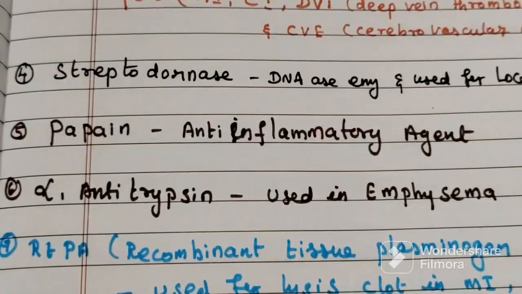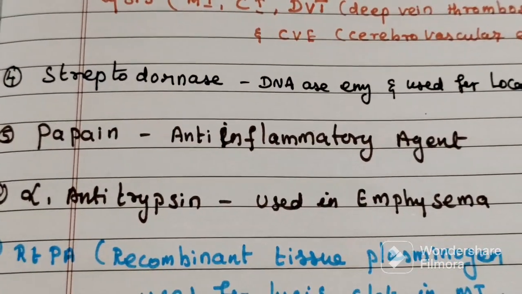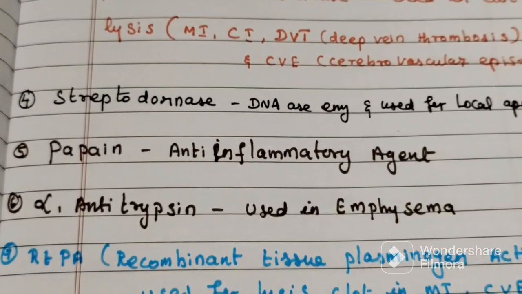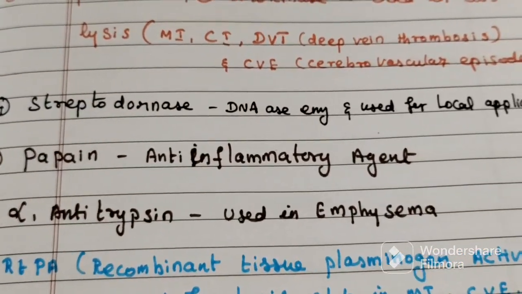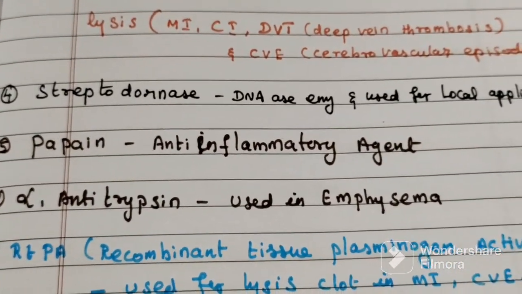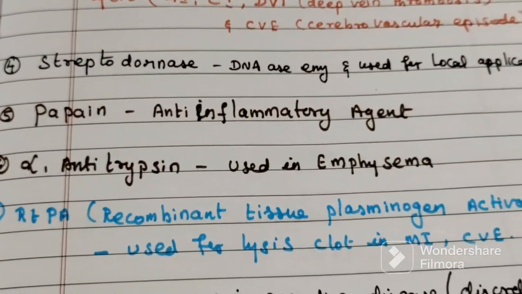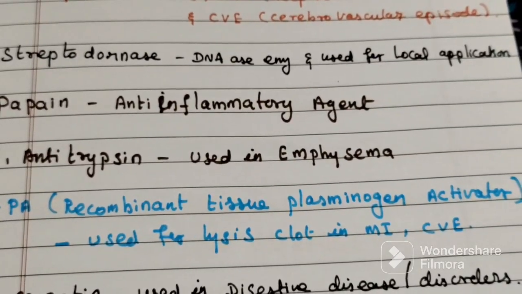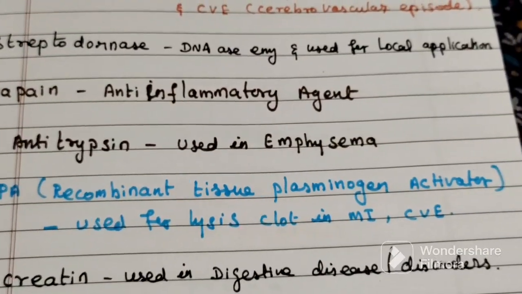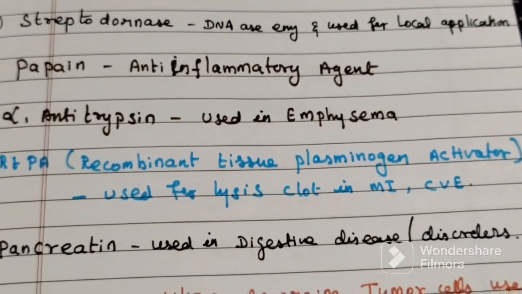Then streptodornase. It is a DNase used for local applications. Next, papain. It is an anti-inflammatory agent. Then alpha 1 antitrypsin, used in emphysema. Then RTPA, recombinant tissue plasminogen activator, used for lysis of clots in myocardial infarction and cerebrovascular episode.